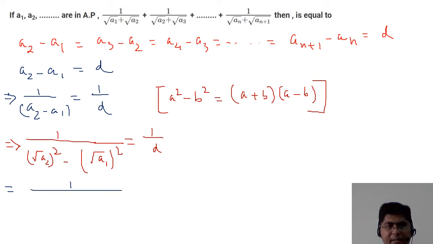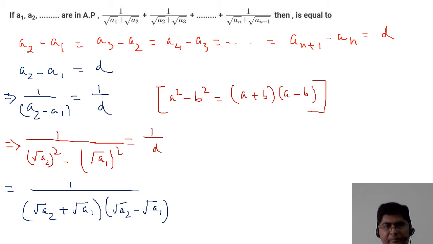Once again coming back, (root a2 plus root a1) into (root a2 minus root a1) is equal to 1 by d.